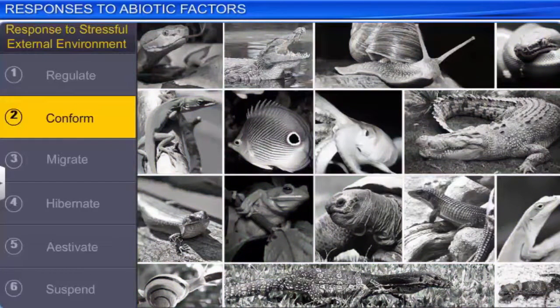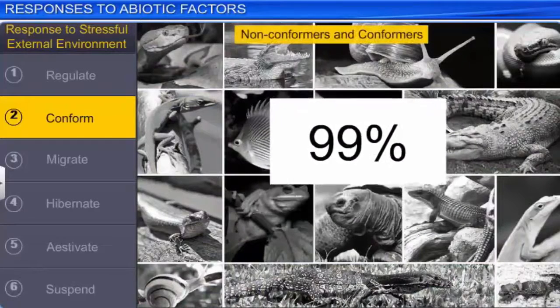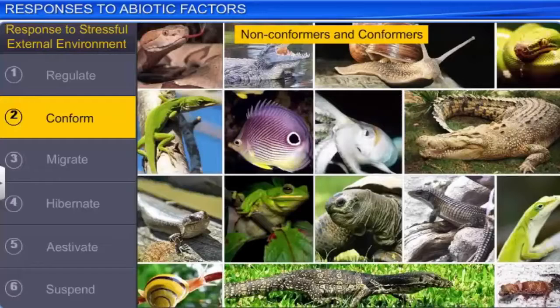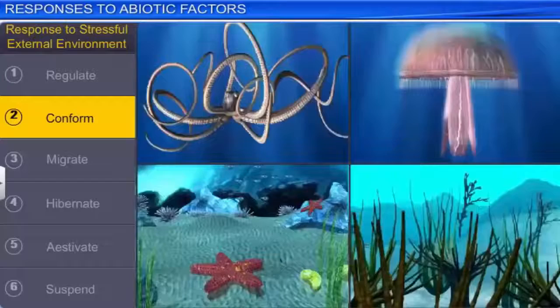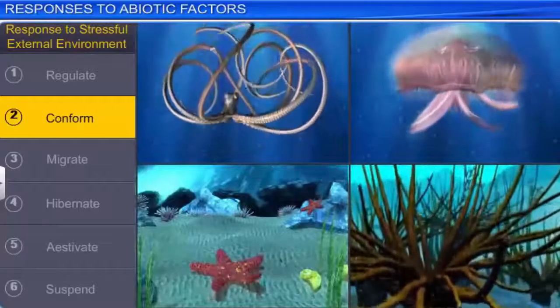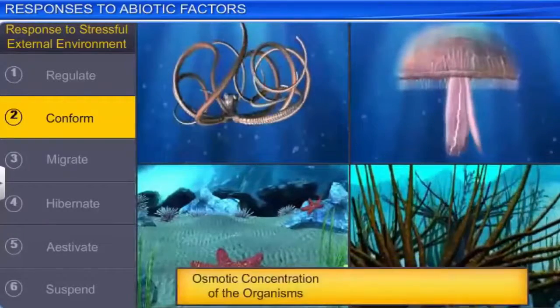Studies show that almost 99% of animals and nearly all plants belong to this category. The body temperature of such organisms changes according to the ambient temperature. Similarly, in the case of aquatic organisms, their osmotic concentration changes according to the ambient water osmotic concentration.